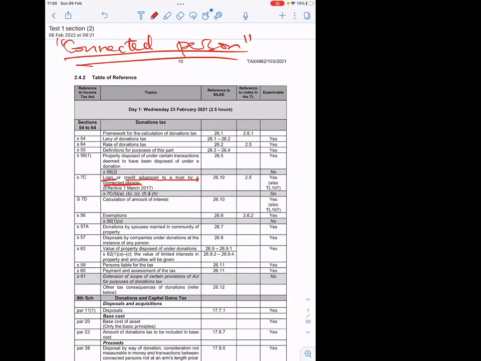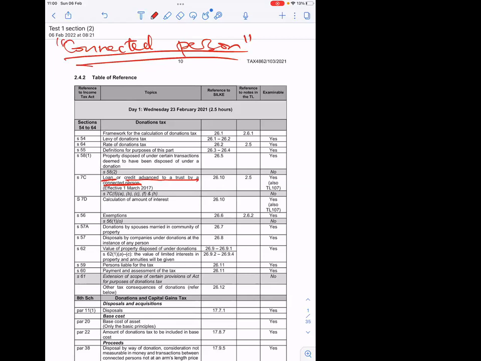Where do you find the definition of a connected person? Run to the index, alphabetical order, look for connected person. That will refer you to the section where the definition of the connected person is.